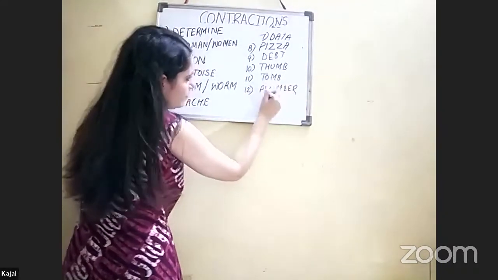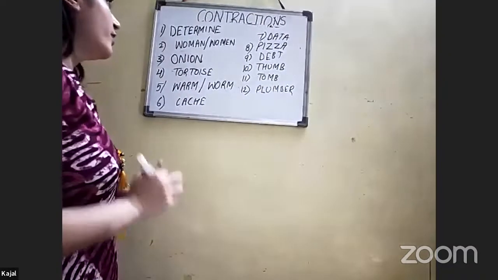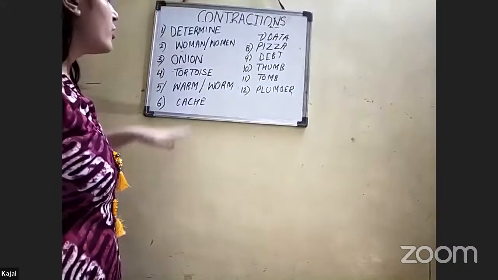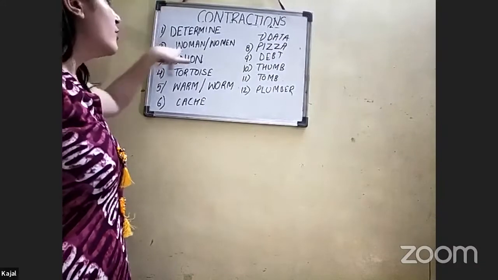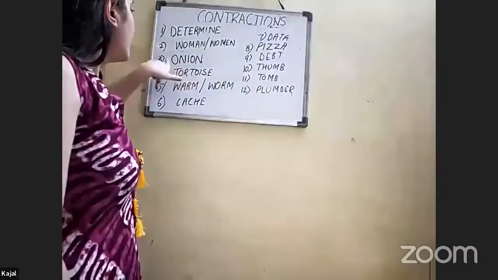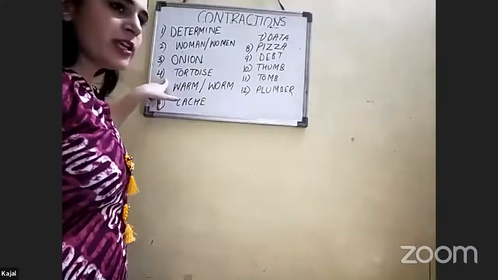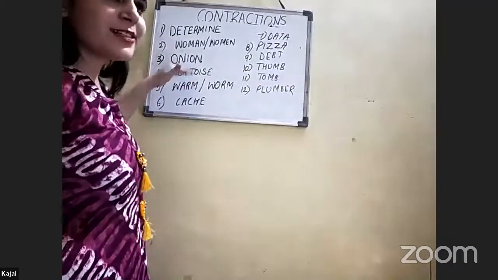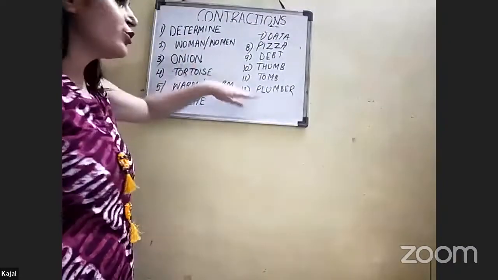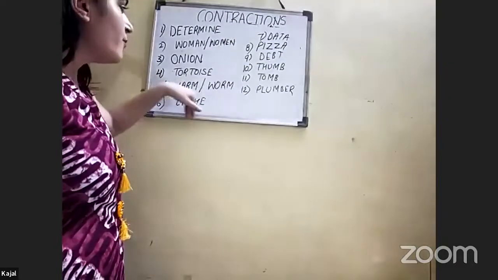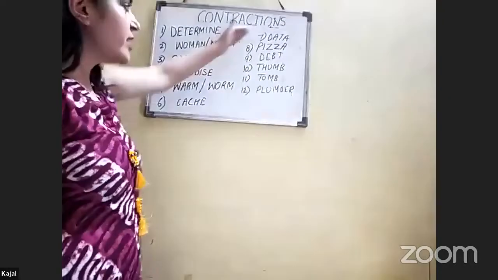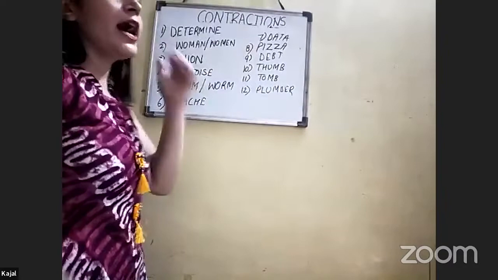Let's just go through all the words. We have determine, woman, women, onion, tortoise. Sorry, tortoise is the older one. Now it's tortoise. Tortoise, warm, worm, cache data, pizza, and the last four.